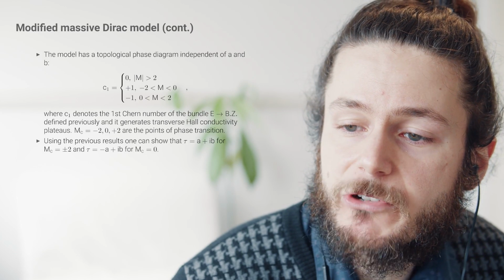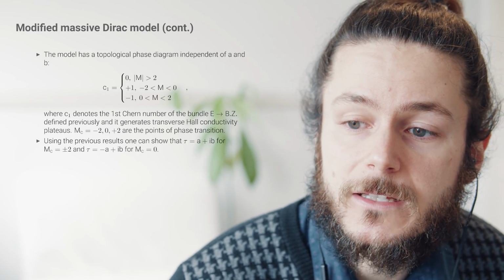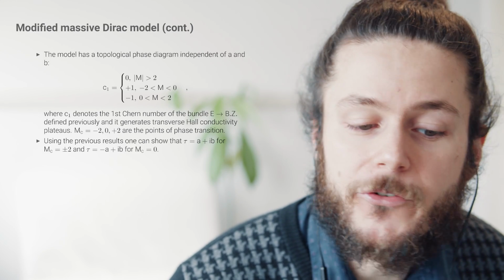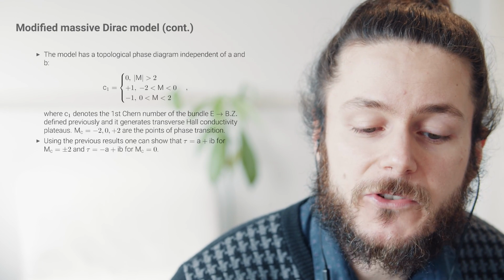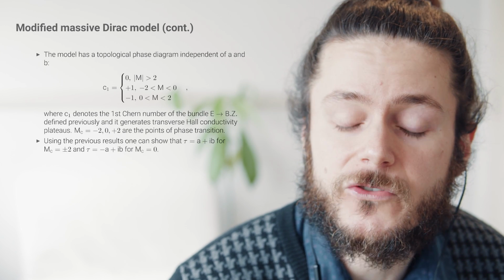If you use the previous results I gave you concerning the low energy theories, you can show that in this model, tau equals A plus iB for the critical points plus or minus 2, and tau equals minus A plus iB for the critical point m_c equals 0.